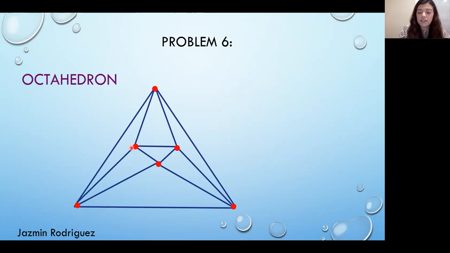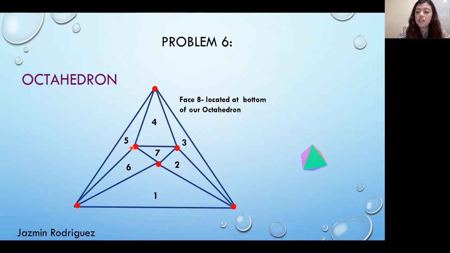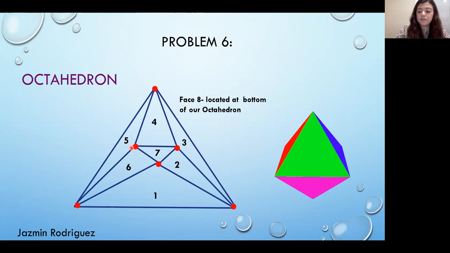So let's see if we have 8 faces. We have 1, 2, 3, 4, 5, 6, and 7. And then, of course, our 8th face is going to be located on the bottom side, and we would be able to see that in a 3D model. But we see that we have all the requirements for an octahedron.